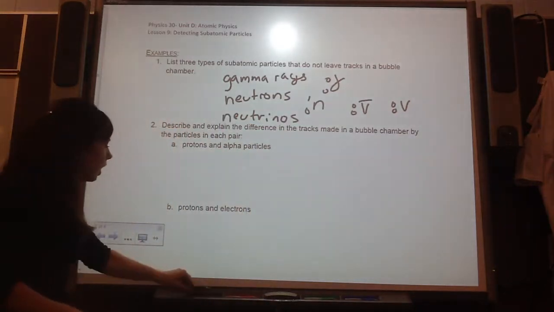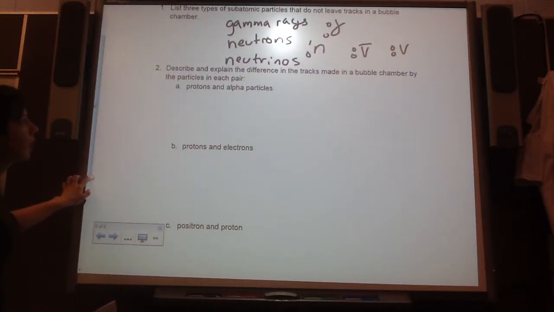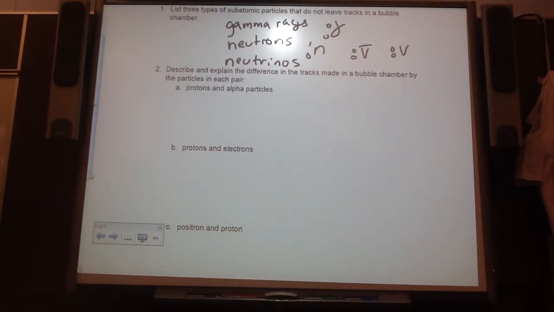Okay, now describe and explain the differences in the tracks made in the bubble chamber by the particles in each pair. This is to help you analyze how the pattern would look different. Say we compared a proton and an alpha particle.